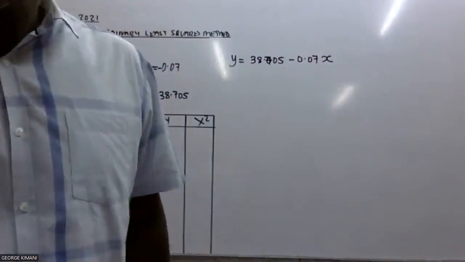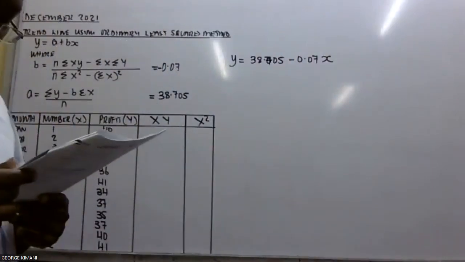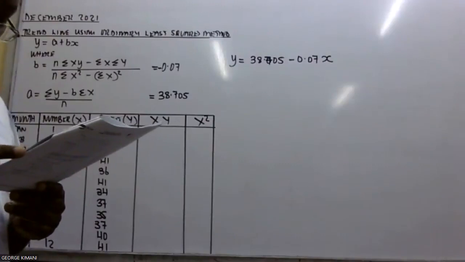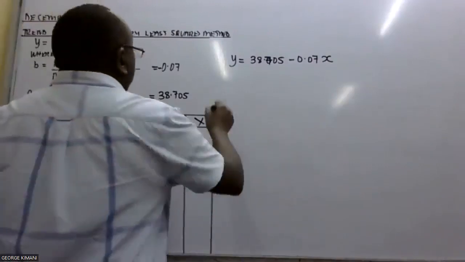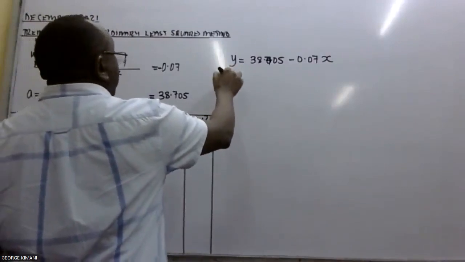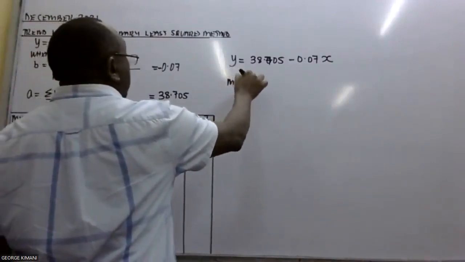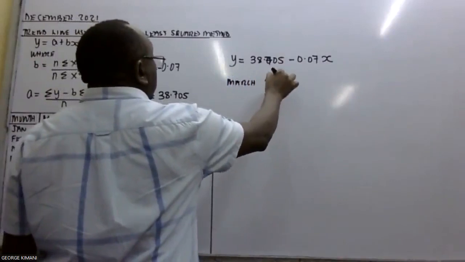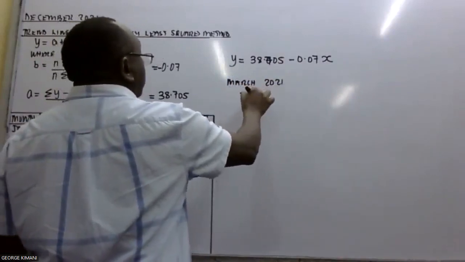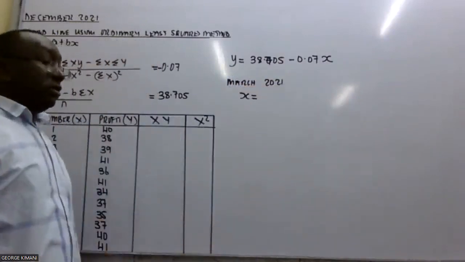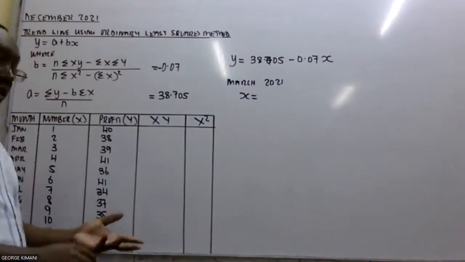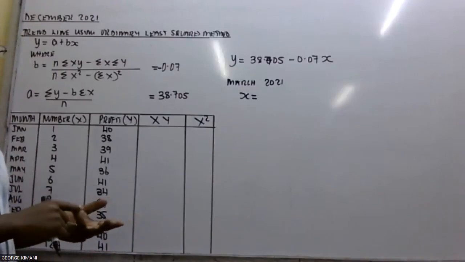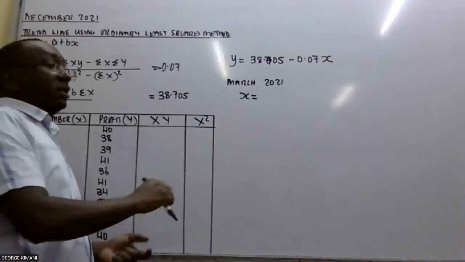So the question is asking us now, estimate the profit reported in March 2021. So March 2021, X will be equal to, you see now, this was number 12, which was December 2021. So January will be 13, February will be 14, and March will be 15.